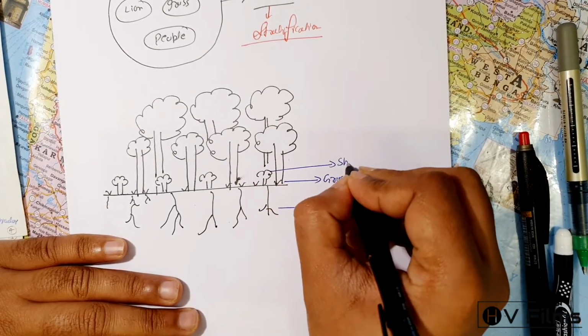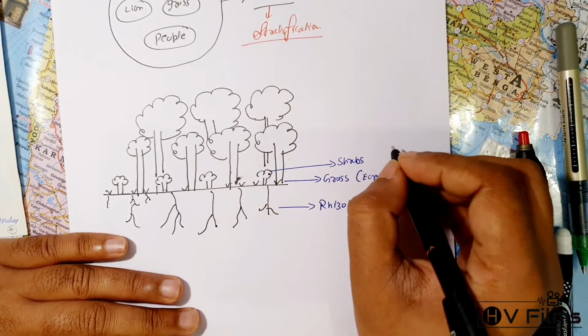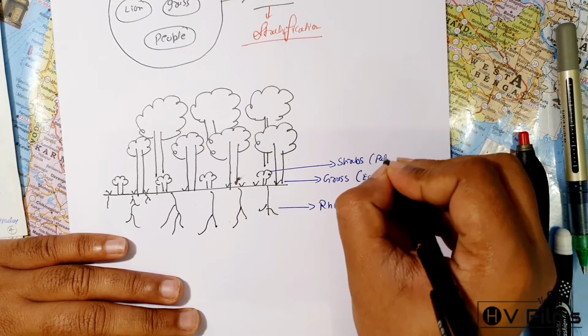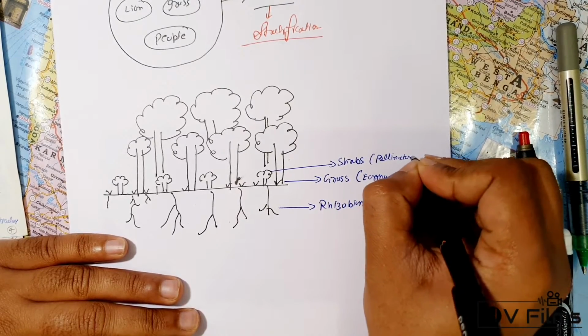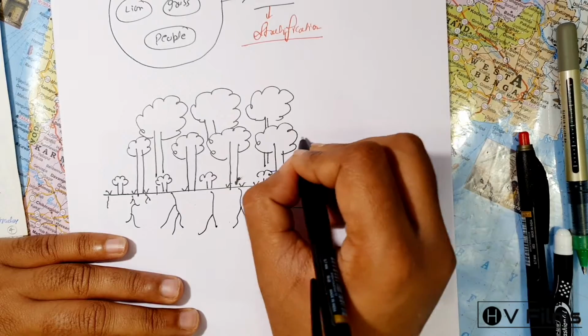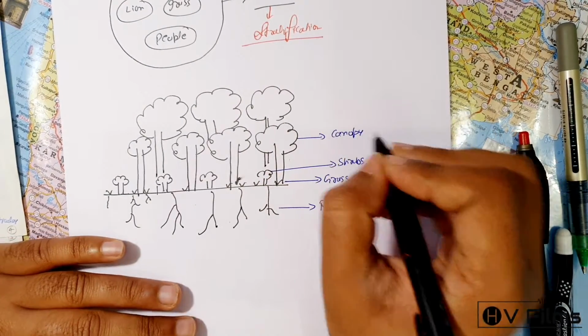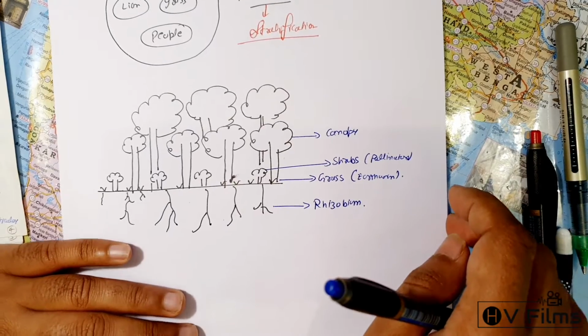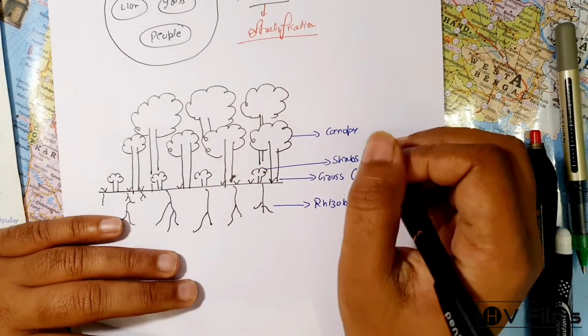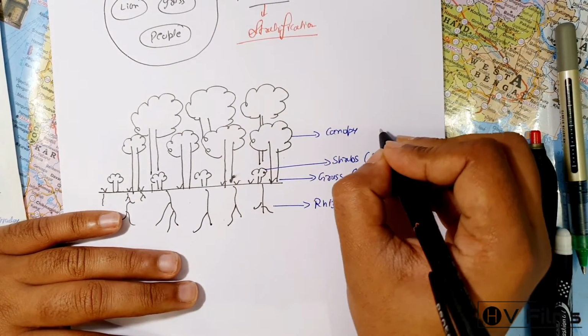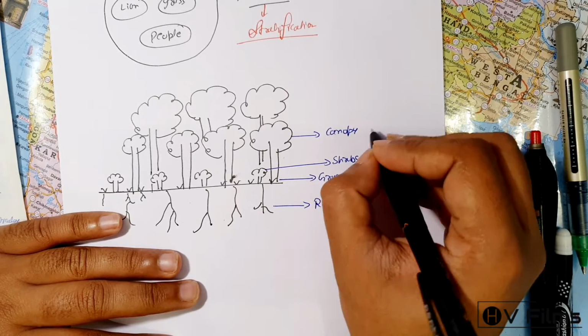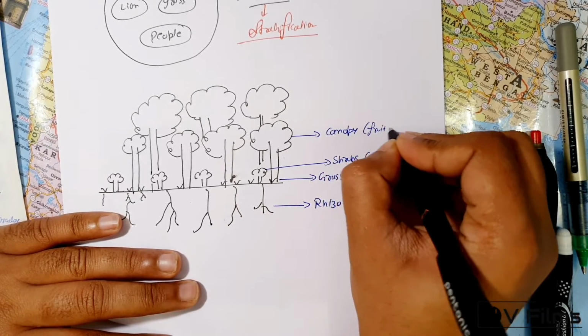Where these are the rhizobium. These are grass, like earthworm, right? These are the shrubs, which can be the pollinators, and these signify the canopy.